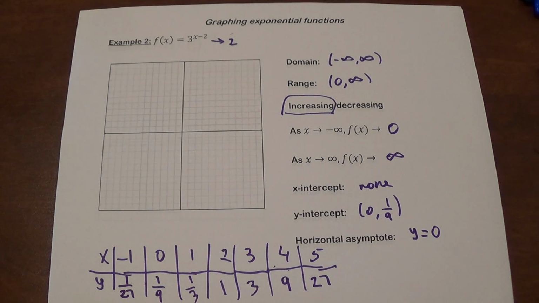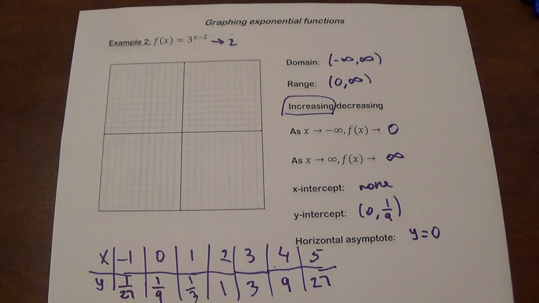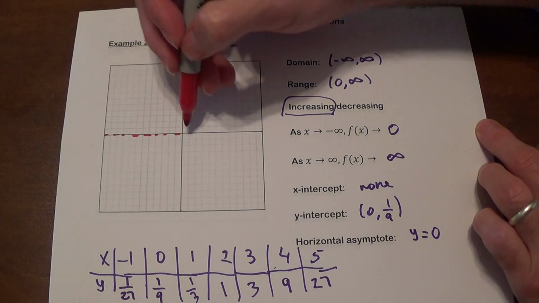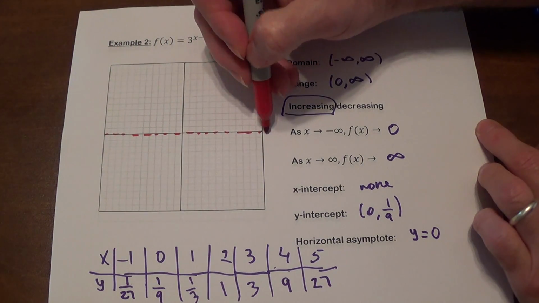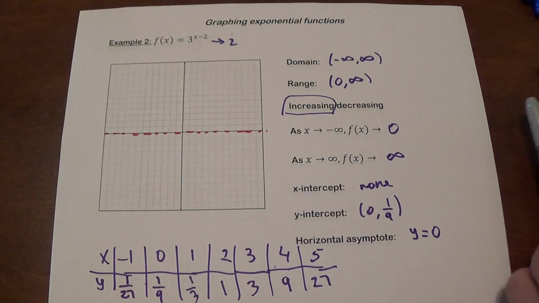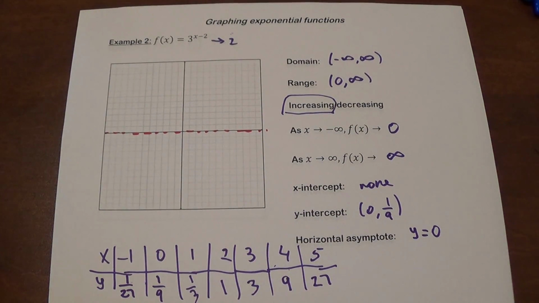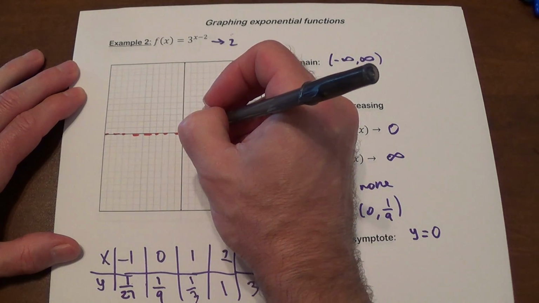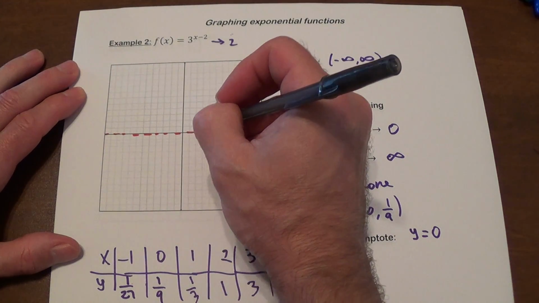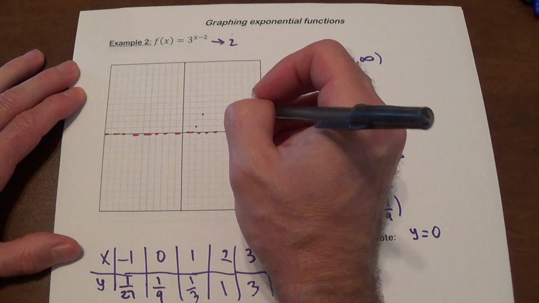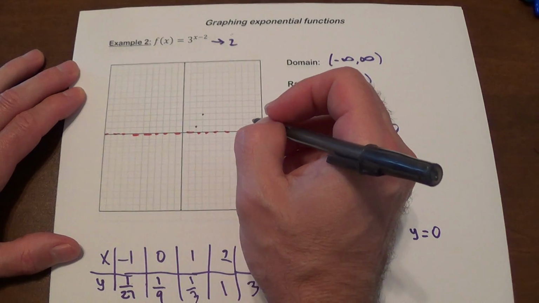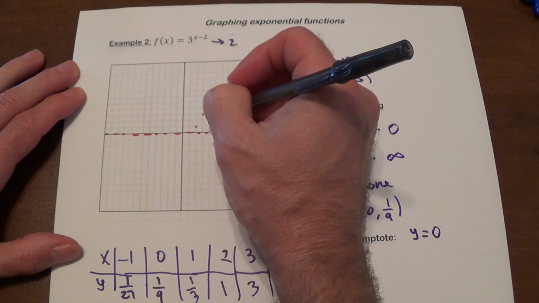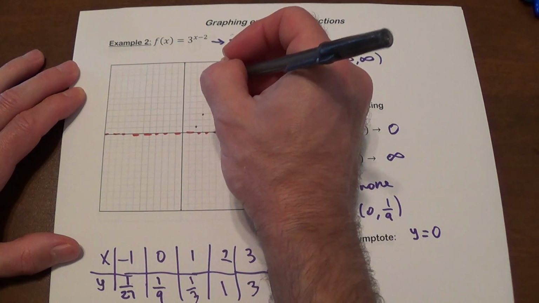Alright, so we're going to draw our horizontal asymptote, which coincides with the x-axis. And plot the points. So at 2 we have 1, at 3 we have 3, at 4 we have 3, 6, 9.